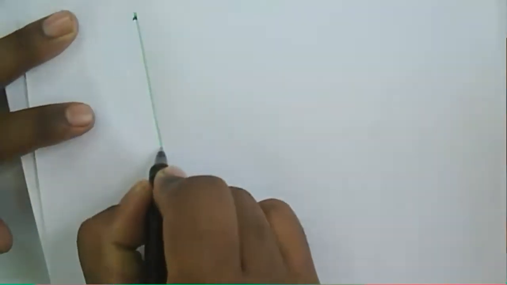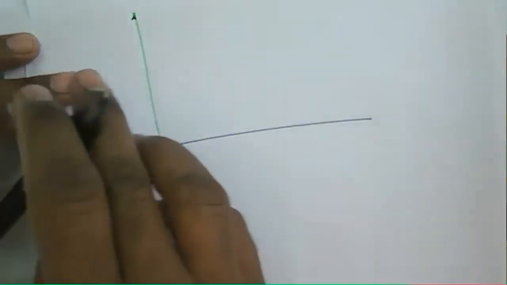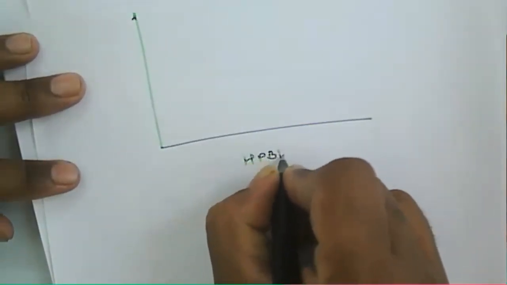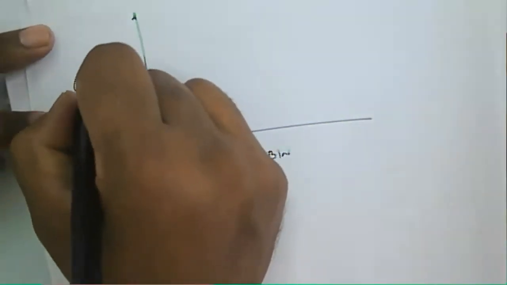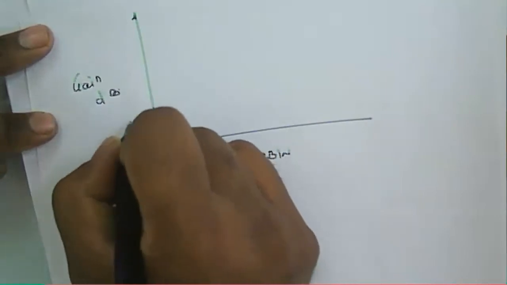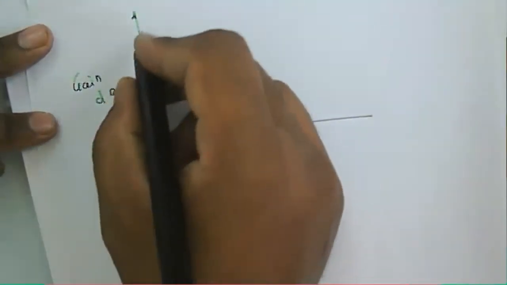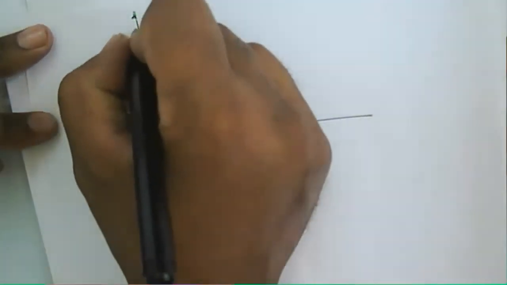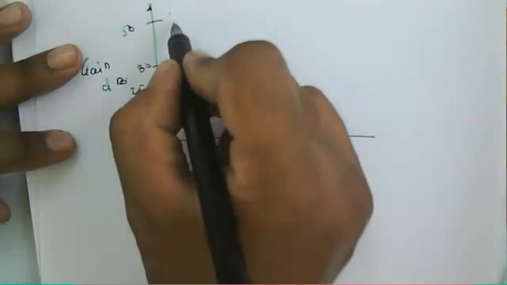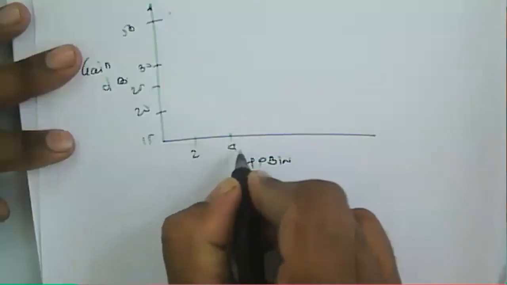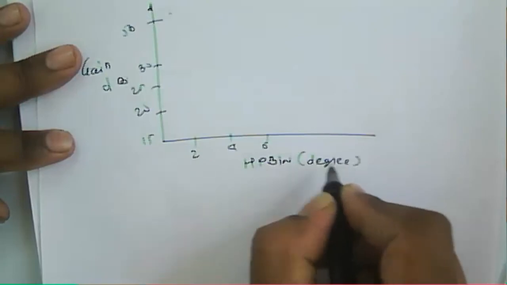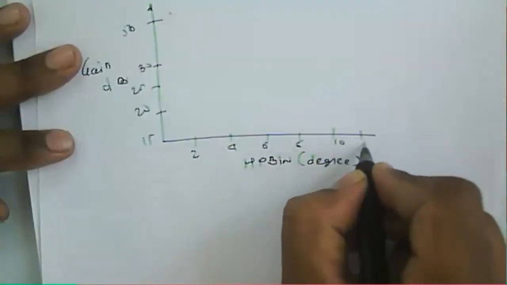So if you draw a graph of antenna beam width here, the half power beam width we say, and the gain in dB, that is 15, 20, 25, 30, and the beam width is about 2, 4, 6, that is in degrees, 8, 10, 12.